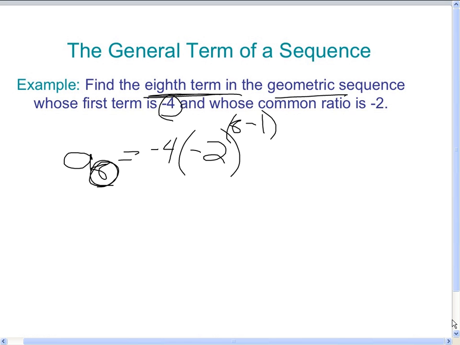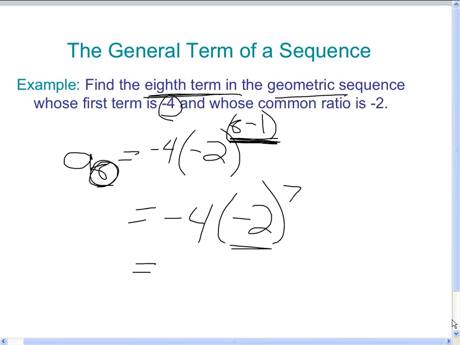Be very careful when doing this, because you do not multiply the -4 times the -2 and get 8 to the 7th power. You have to do the grouping parentheses first, which is 8 minus 1. Then you do exponents. You take -2 to the 7th power.